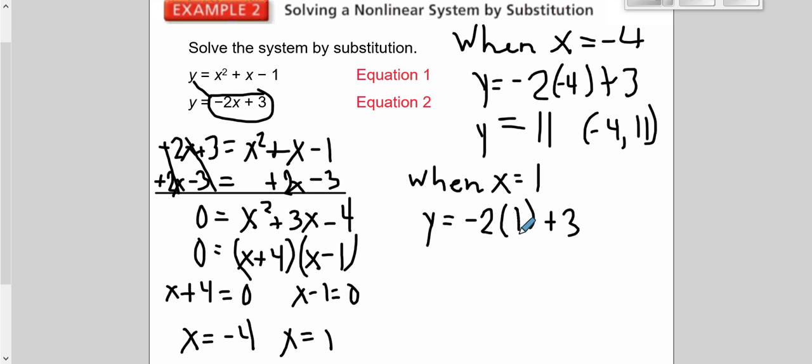Take out the x, put in the 1. Negative 2 plus 3 is 1. So that gives us our other point. So our answers are, this one was 1, 1. And then the first one we found was negative 4, 11.